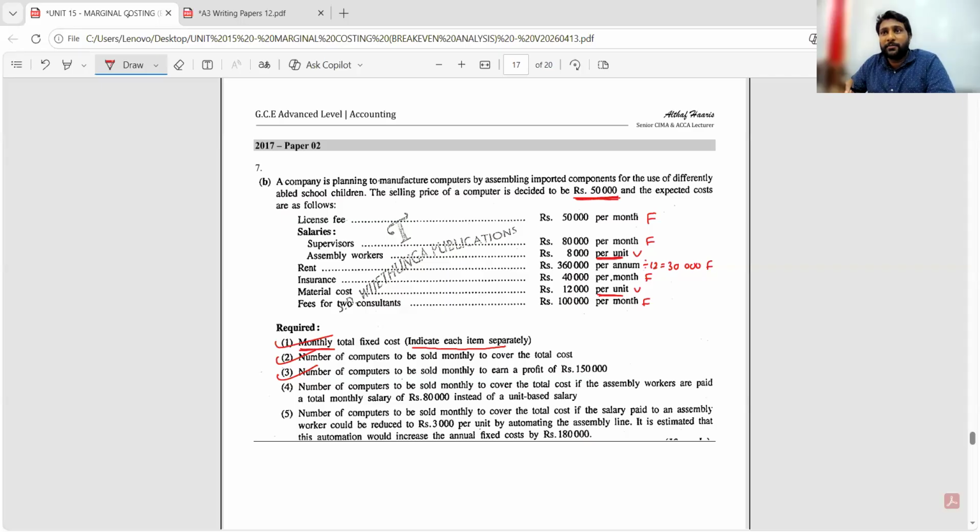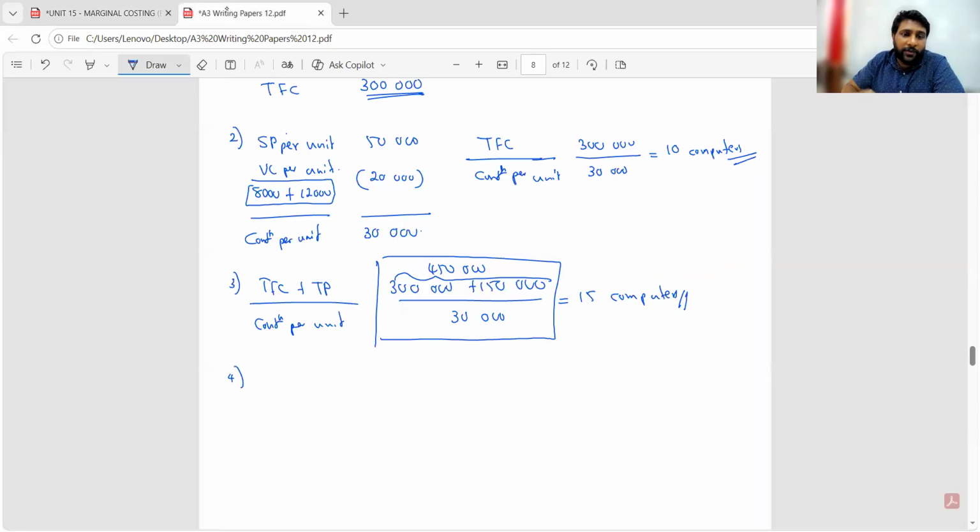No? Now it is changing to monthly salary. Monthly salary means whether you assemble one computer or 100, it is fixed. Salary is fixed. So your variable cost per unit is changing, your total fixed cost is changing. So find both, people.